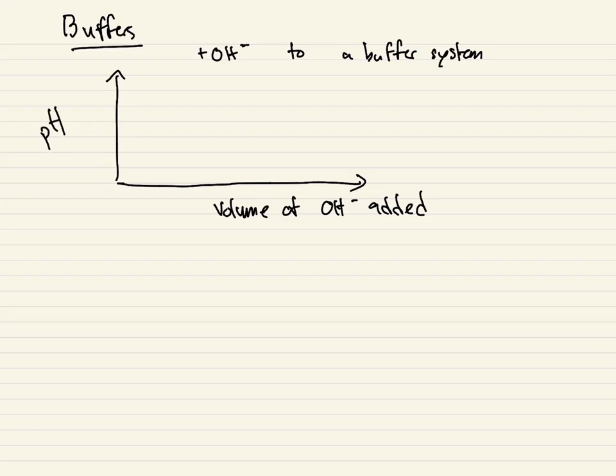And if we're looking at the pH of the solution, initially, what should happen? Let's say our initial pH is like 4 or something like that. All right, so we start here. What should happen as we add base to the solution?